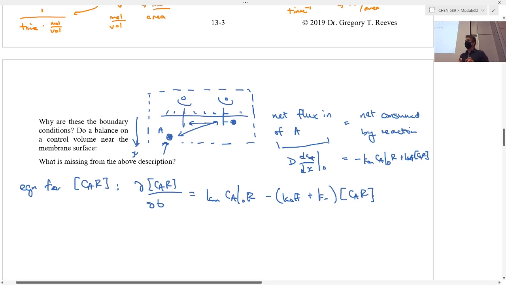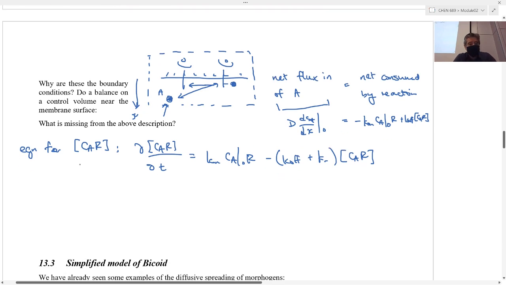So you have this reversible on-off reaction, binding, debinding, and you have this forward reaction. So even though this is only at the surface, this is just a regular balance equation. Accumulation equals net reaction. And there's no in and out for CAR. And similarly, you can write down an equation for R, which I don't actually have in my notes because it's similar to what it was before, but I think R is only participating in minus k_on CA(0) R plus k_off.